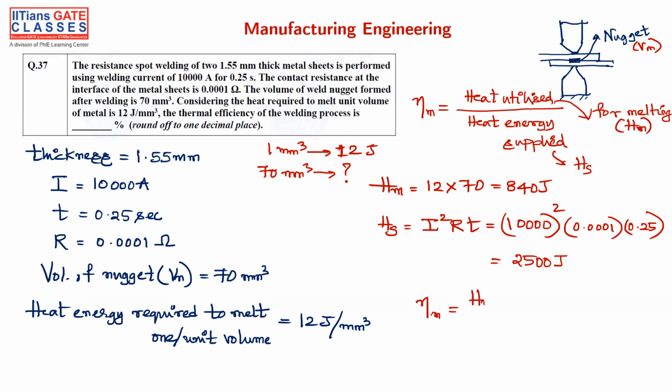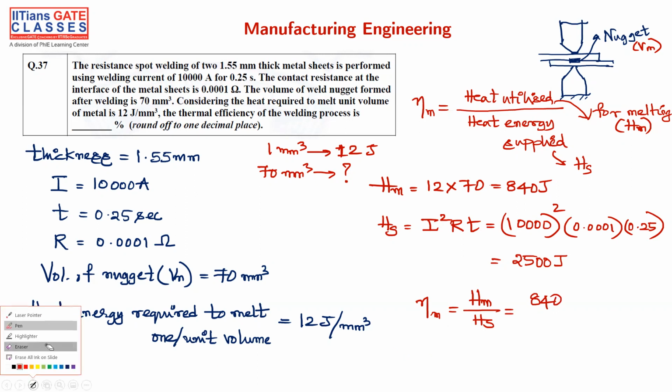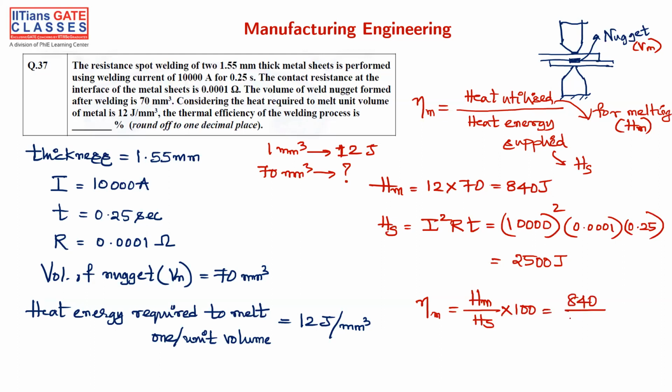Now obviously you can use the melting efficiency formula, that is heat utilized by heat supplied, which is 840 by 2500. He's asking in percentage, so we have to multiply this with 100. Sorry, 100, not 1000.